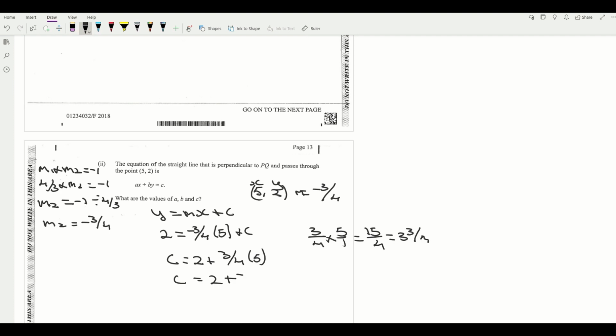So it'll be 2 plus 3 and 3/4, which is equal to 5 and 3/4.